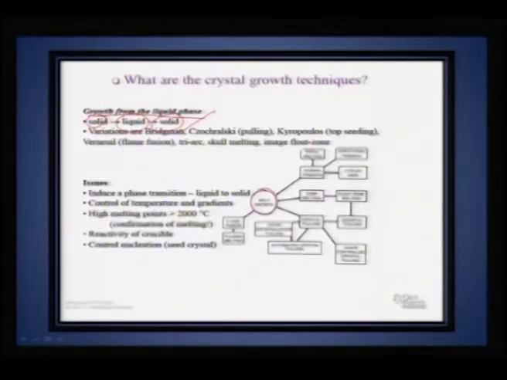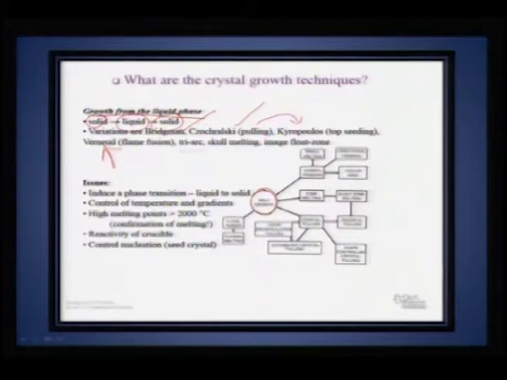And what are they? One is the Bridgman technique, and the other one is the Czochralski technique, and closely related to that is the Kyropoulos technique, and then another different one is Verneuil's technique.